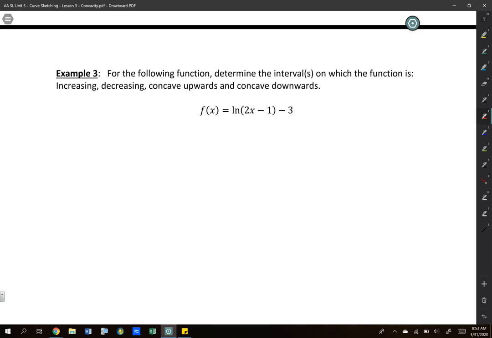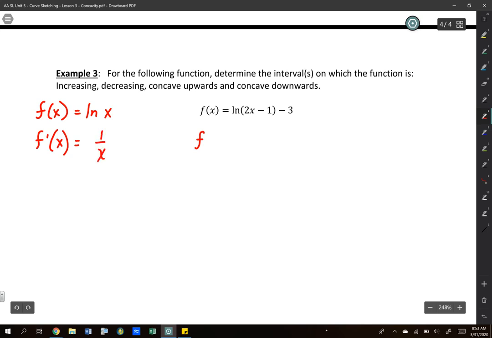Now, the way to take the derivative is noted in your formula booklet, right? If you recall, if your function is ln of x, then f prime of x is equal to 1 over x.